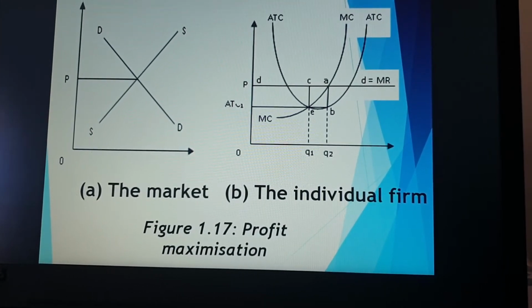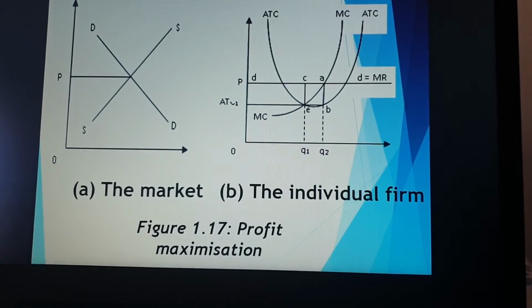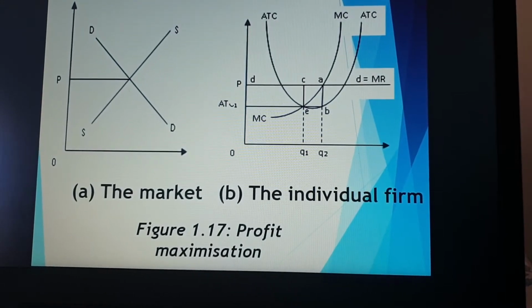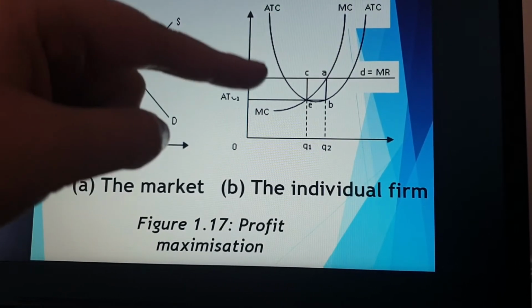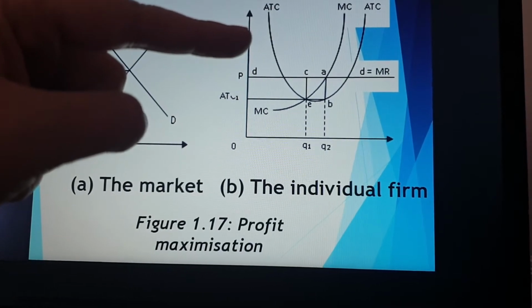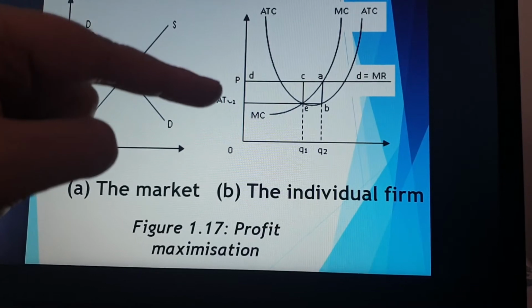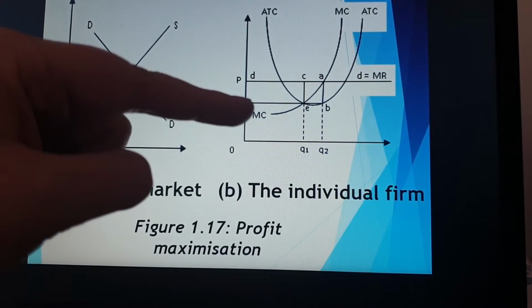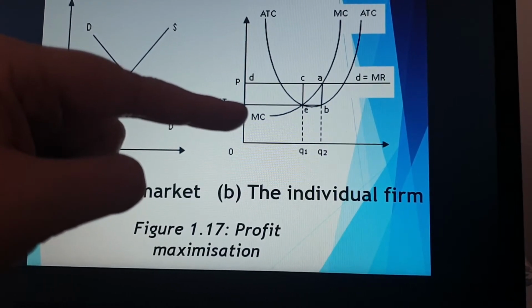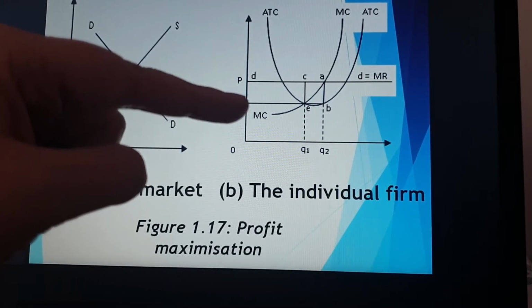Why a horizontal line? Because that means my price is fixed. I cannot ask a price higher than the market price, because then I'm going to lose my customers. If I ask a price below the market price, I'm going to get more customers, but I'm going to lose profit.